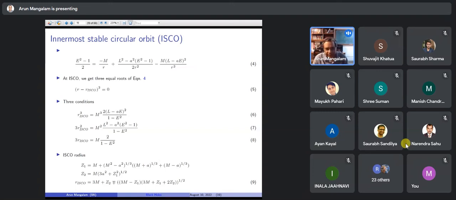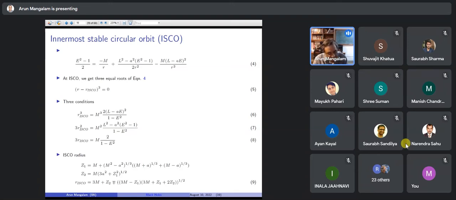Another important thing is the innermost stable circular orbit. And these things are illustrated better in a figure. So you can find out that in the innermost stable orbit, there is a circular orbit which is stable, right?